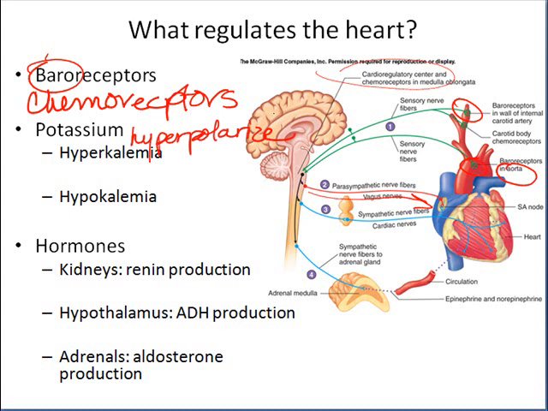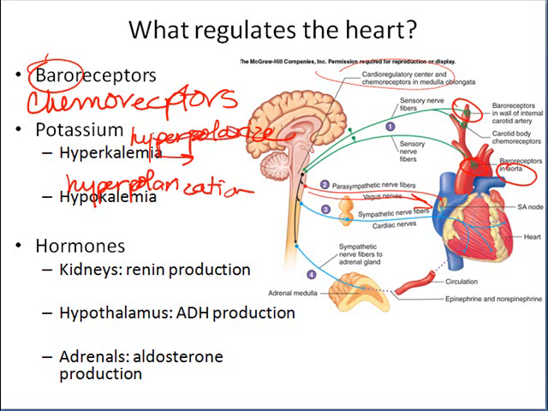So the opposite of that, hypokalemia, causes a greater amount of stimulus needed to reach threshold, because this also causes hyperpolarization. The reasons are different. Really here with hyperkalemia, it's more about making it difficult for the cell to repolarize.